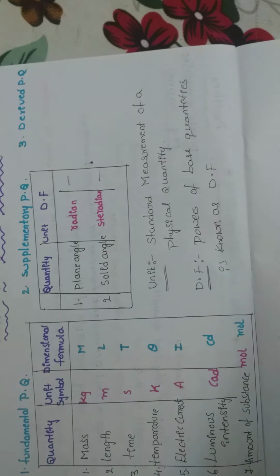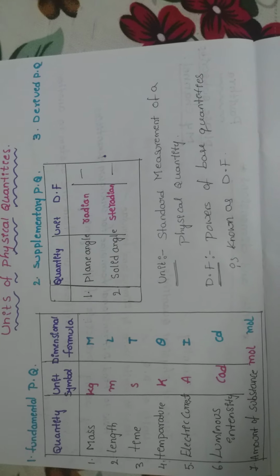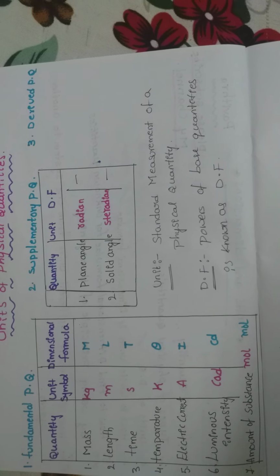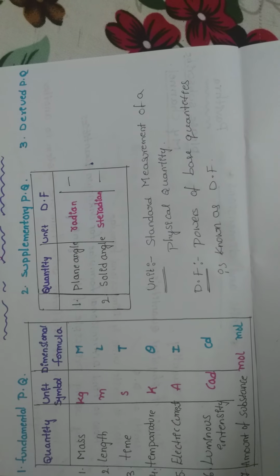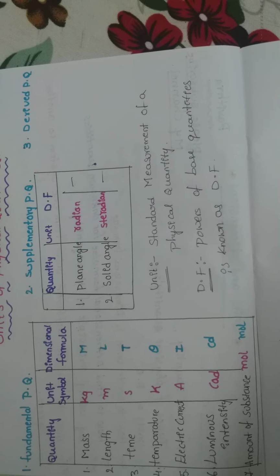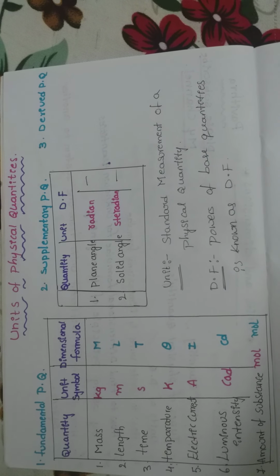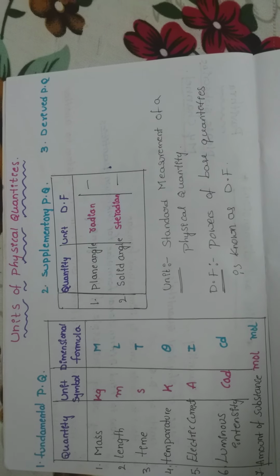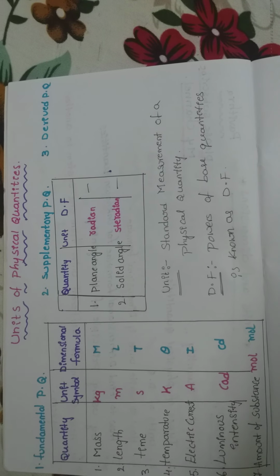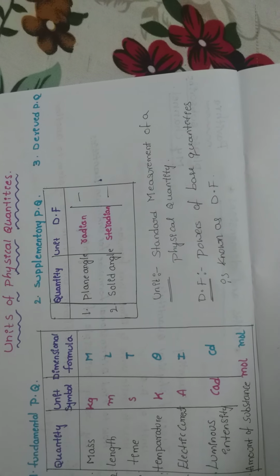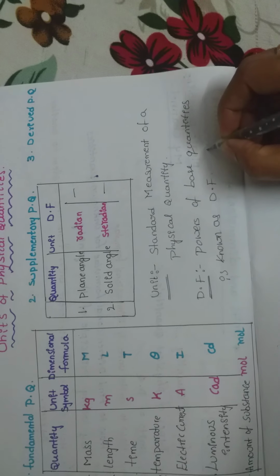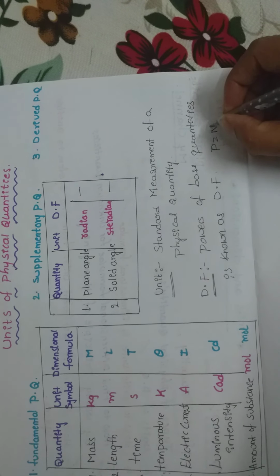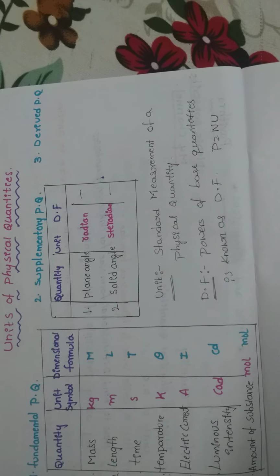Let's find. First, initially we should learn what the units and dimensional formulas are for different types of physical quantity. And always we are going to represent the physical quantity as P equals n u.